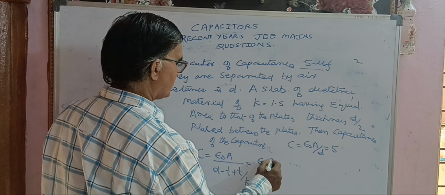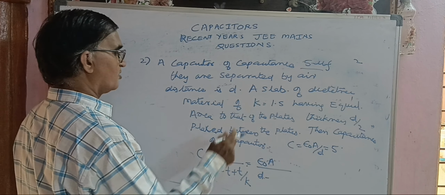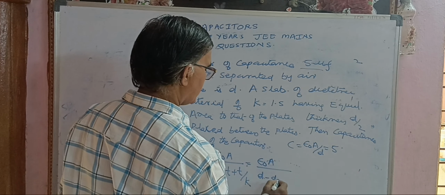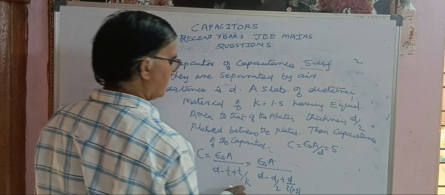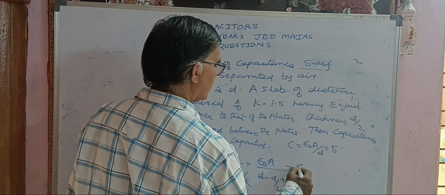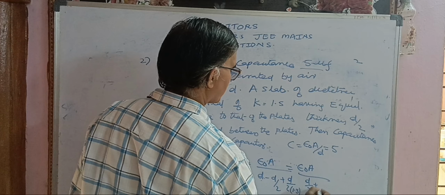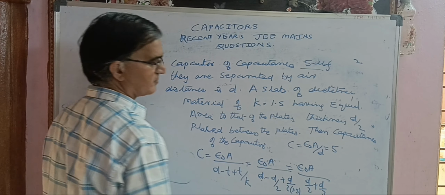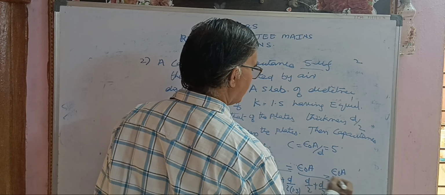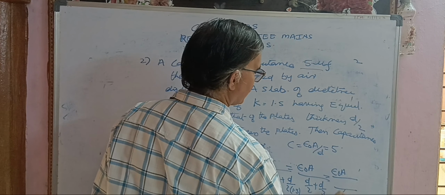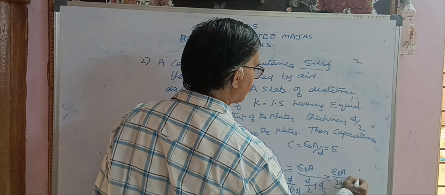So here epsilon naught A by d minus t, thickness d by 2, plus d by 2 into 1.5. K value is 1.5 now. So epsilon naught A by d minus d by 2 means d by 2 only, plus d by 3 you will get. Now if you take LCM, here epsilon naught A, take LCM 6 down, 3d plus 2d I got.